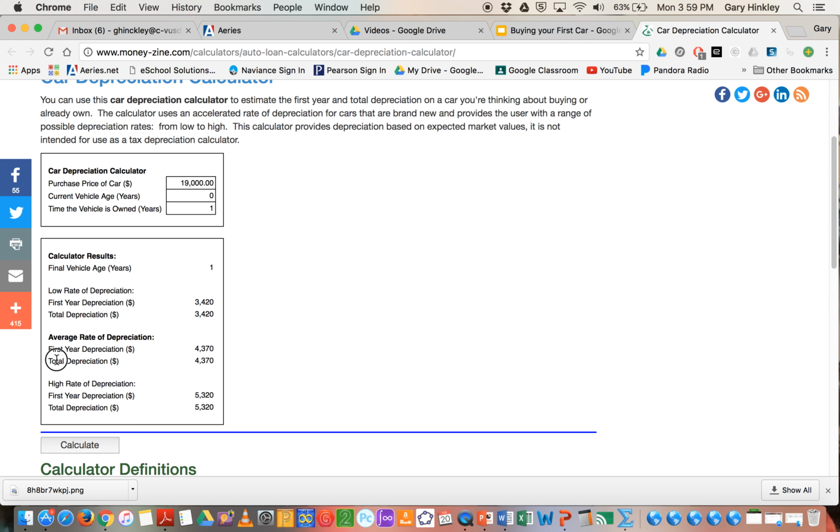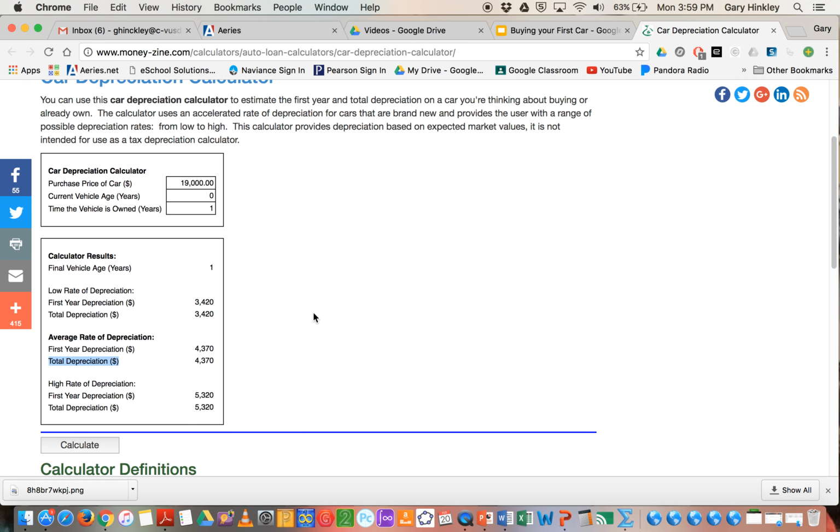So this total depreciation is what we're looking at each time. Now this is the amount taken off or subtracted from this amount here. This is not the final amount, so there's one thing that you will need to do on a separate piece of paper. I'm going to take 19,000 and subtract 4,370, using a calculator.